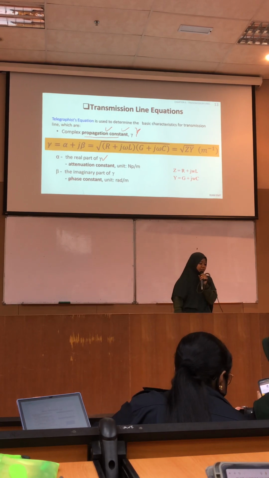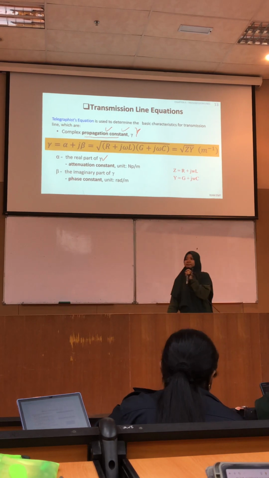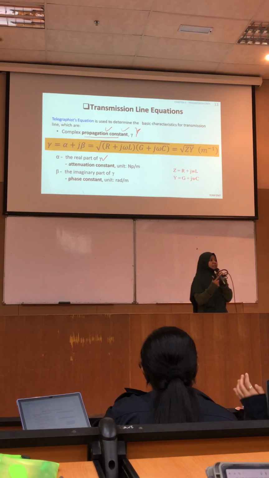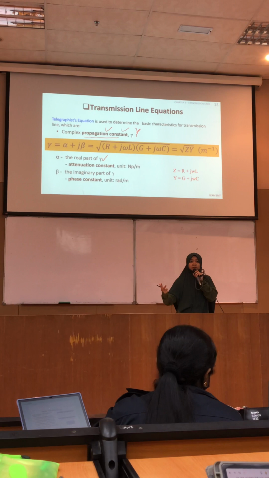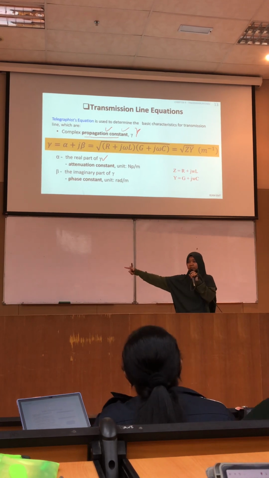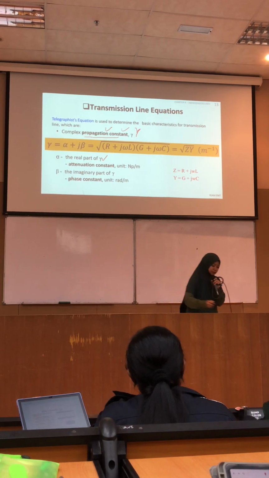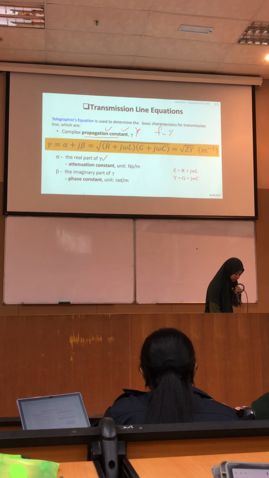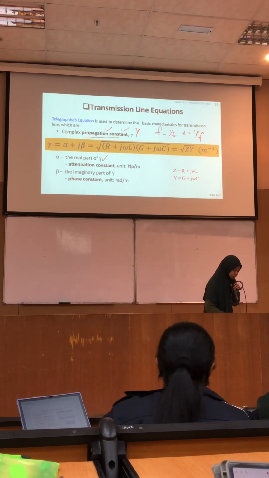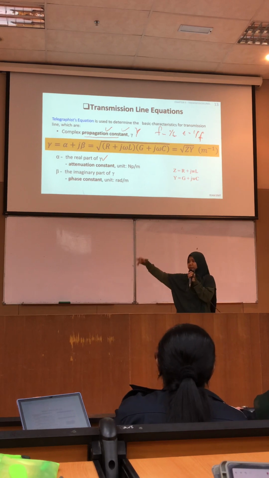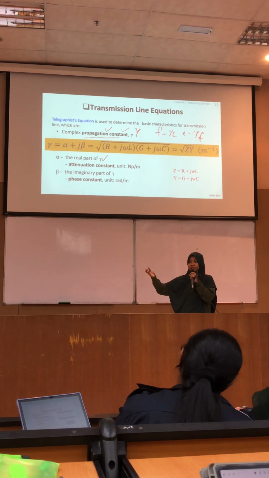Okay, propagation. AC, sine wave, cos wave, it propagates, right? So it propagates according to time. F equals 1 over T, T equals 1 over F. So when you're talking about a wave, it propagates, oscillates.